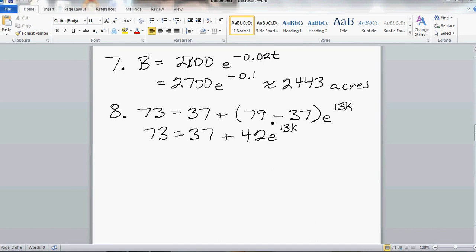Subtract 37 from both sides, so we get that 36 equals 42 e to the 13k.